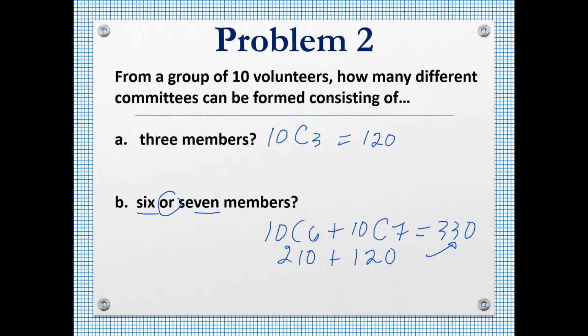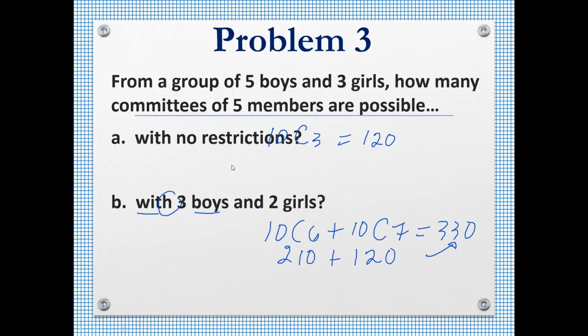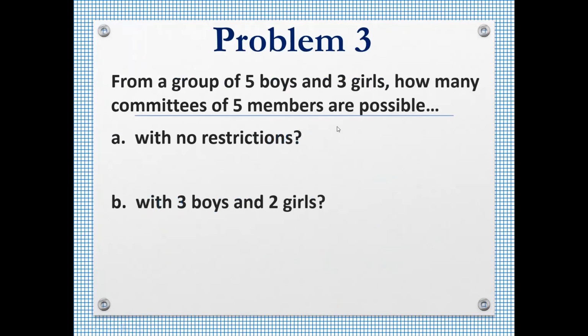Now, last problem. From a group of 5 boys and 3 girls, how many committees of 5 members are possible with no restrictions? When we say no restriction, it can be all boys, 5 members. It cannot be all girls because we need 5 members. It can be 3 girls and 2 boys, so anything.